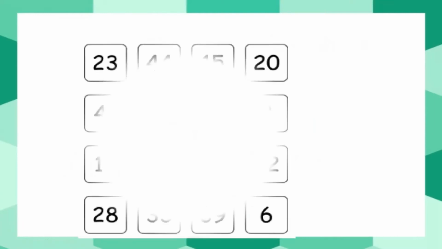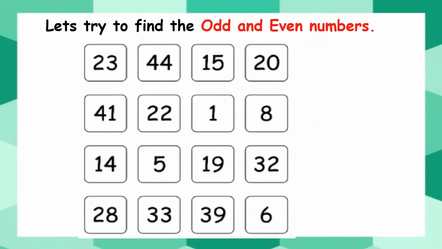Okay, so let's see if you know already how to identify even numbers and odd numbers. Let's try to find the odd and even numbers here. The first number, 23. 23 has 3 in the ones place, so it is called an odd number.